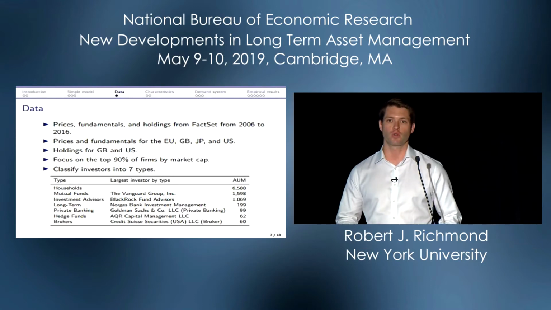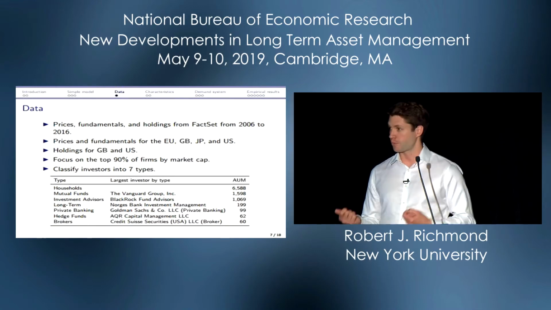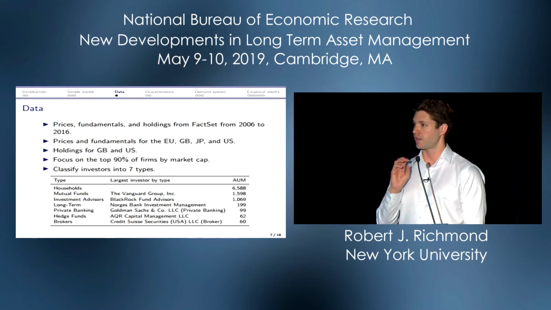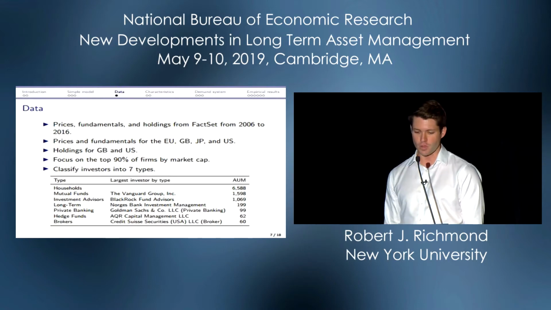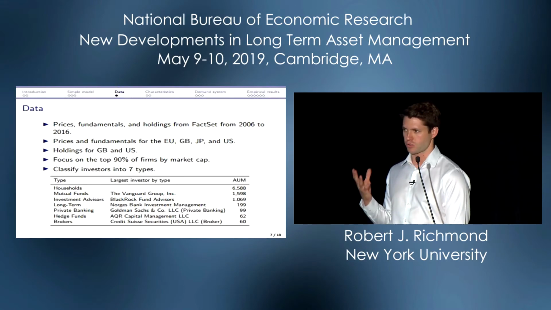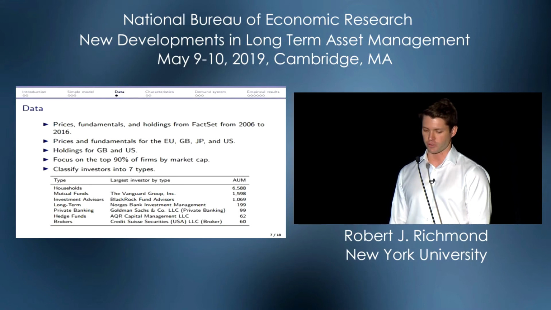We're going to look across 4 regions: Europe, Great Britain, Japan, and the US. That'll just be for prices and fundamentals. For the holdings data, in terms of coverage, we're only going to look at the UK and the US. We're going to focus on the top 90% of firms by market cap so that we focus on the large liquid firms that represent a lot of activity in the publicly traded sector.